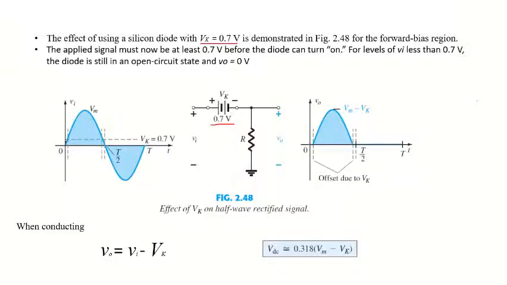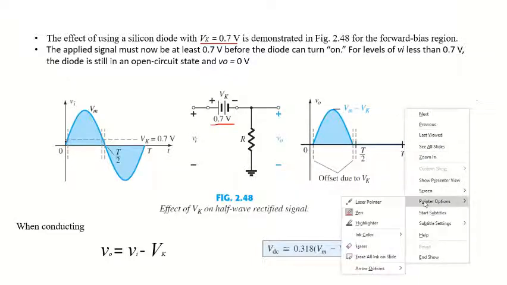So the output value is 0. Similarly, when the input voltage is 0.6, the diode is in the off state and we get a value of 0. But when the input signal is 0.7, the diode drops 0.7 volt, the output signal is 0.7, and this is the threshold value at this point.